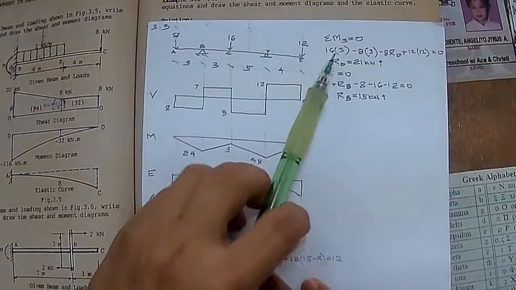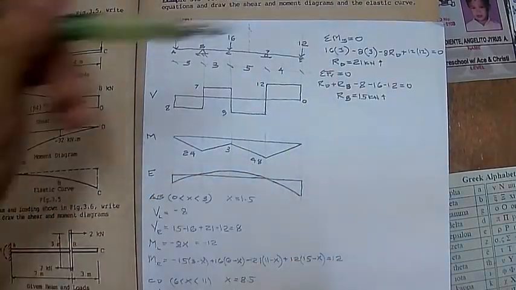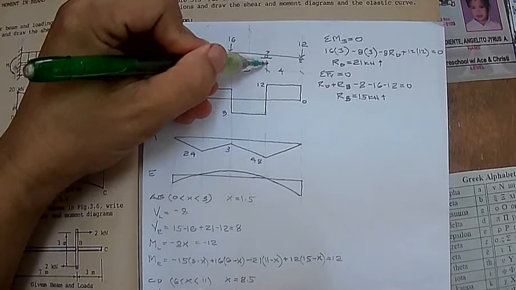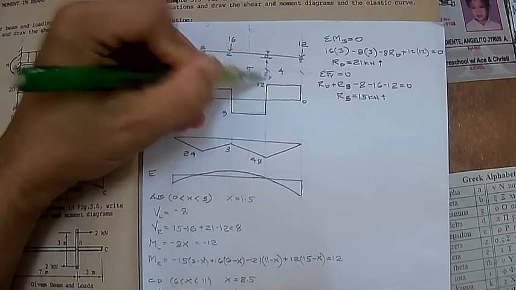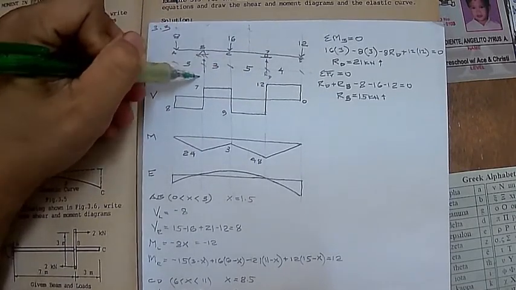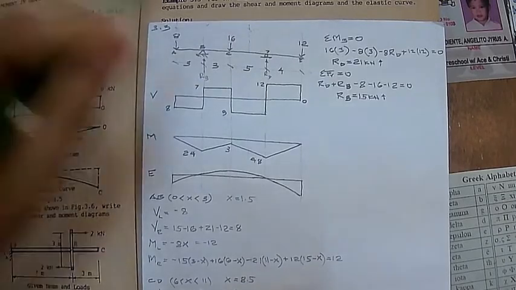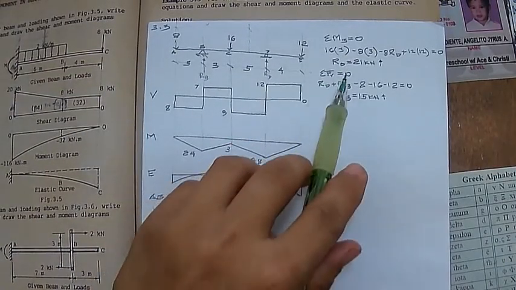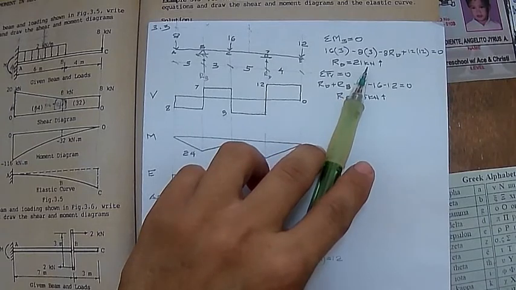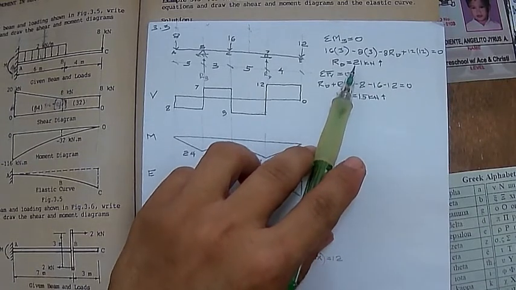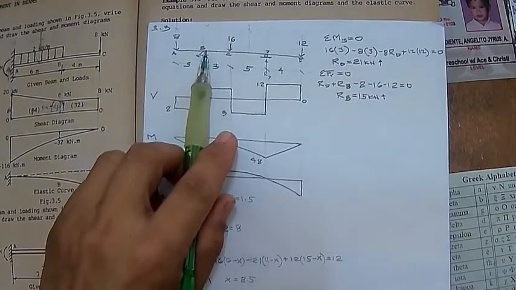So first step, solve for the reaction at D. Ito yon. So that is R sub D. And then this is reaction at B. Reaction D is equal to 21 kilonewton. That is taken from summation moment B equal to 0.